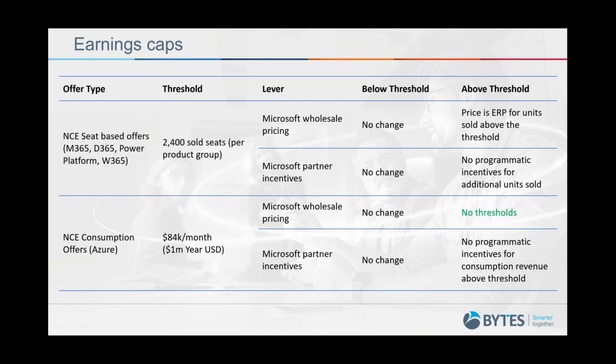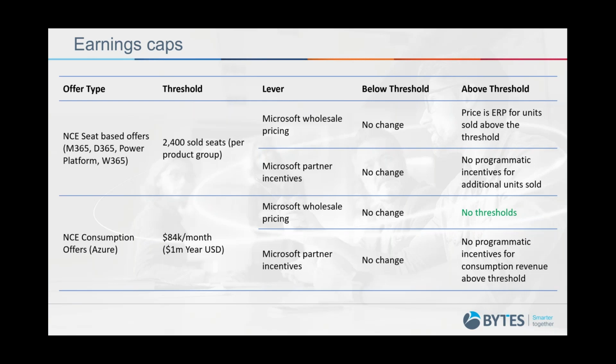So what that means to you as our partners is exactly the same. RRP for any seats over 2,400. And if you're eligible for any incentives through the Microsoft channel incentives, they won't be paid on any seats over 2,400.